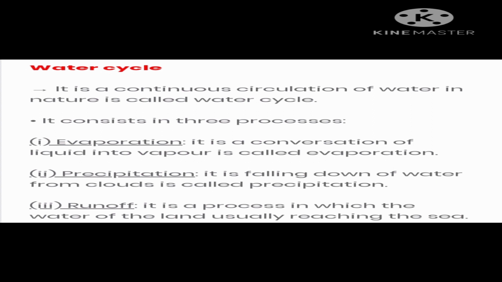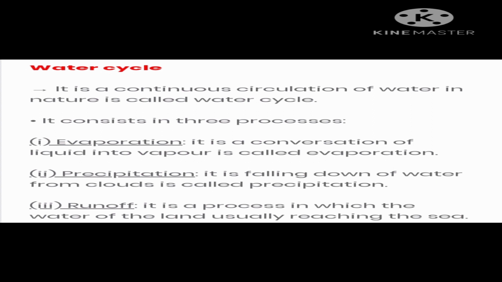Precipitation means falling down of water from the clouds. When water falls from the clouds, it is known as precipitation. Third, runoff is a process in which the water on the land reaches the sea. When the water that falls on the land reaches the sea, that process is known as runoff.